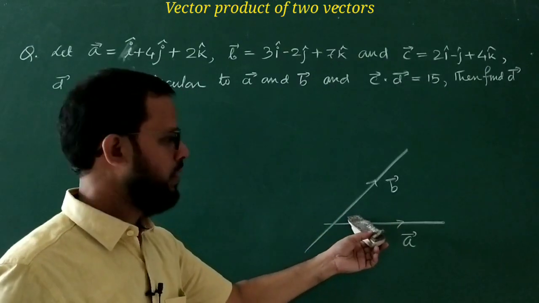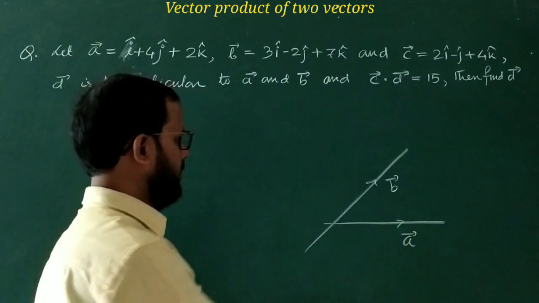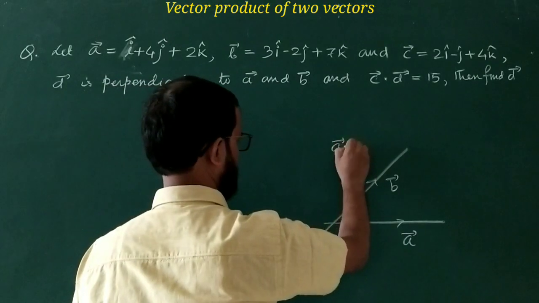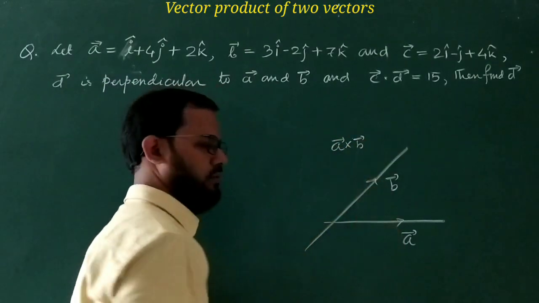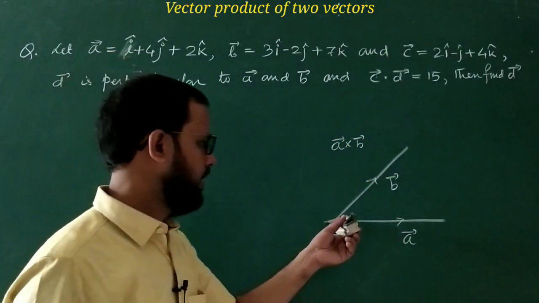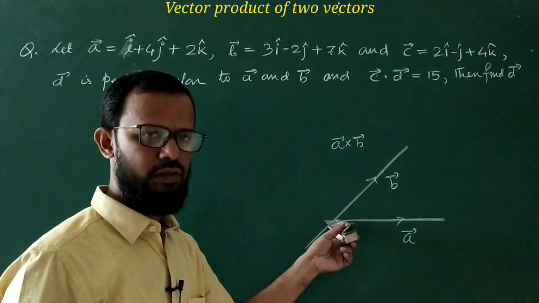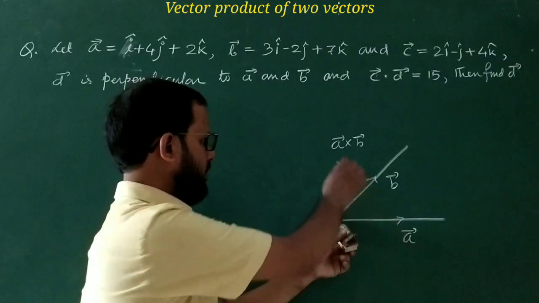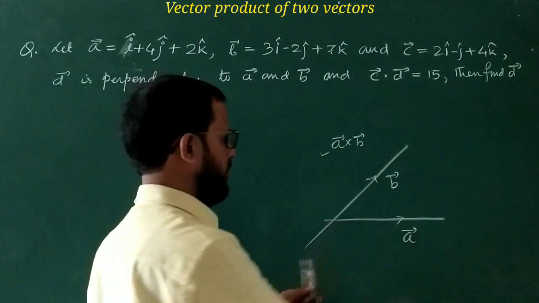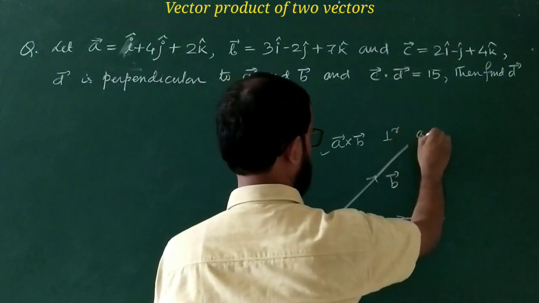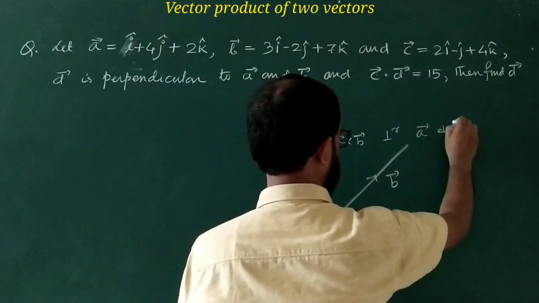And also we know that A cross B is also perpendicular to A vector and B vector. According to the definition of the vector product, this particular vector is perpendicular to A vector and B vector.